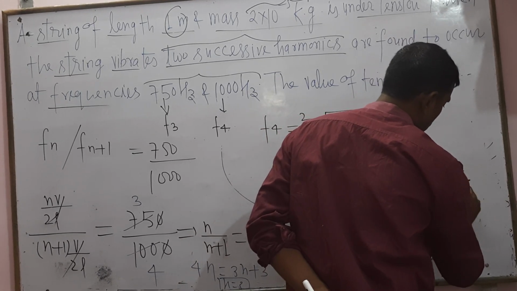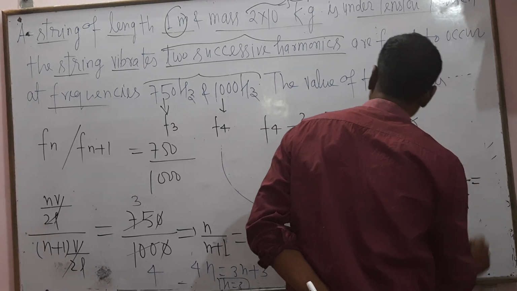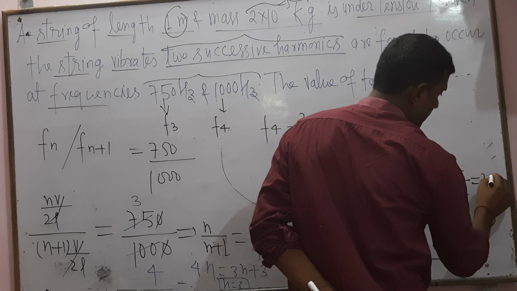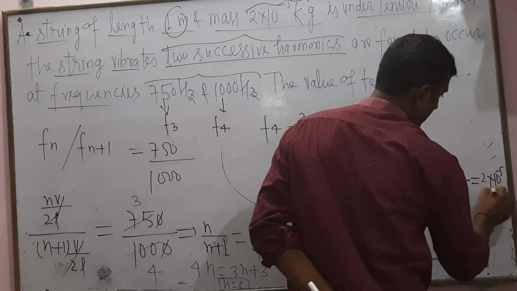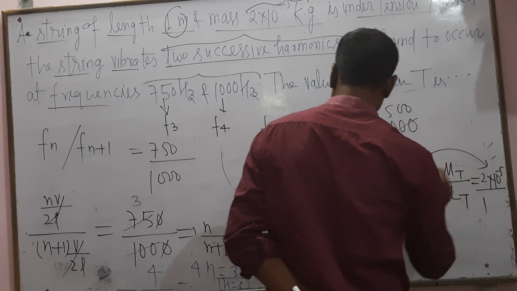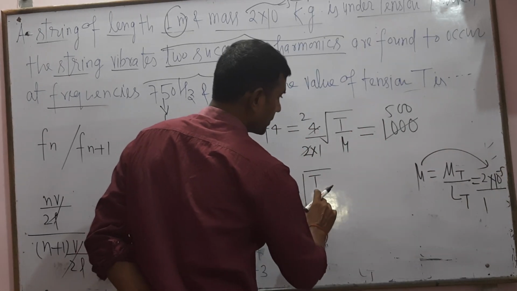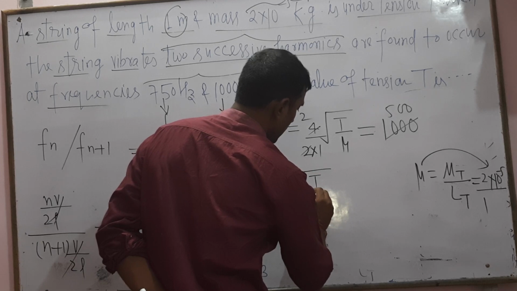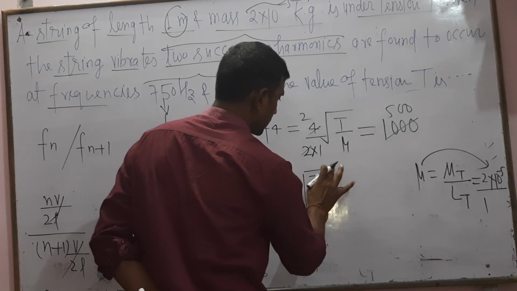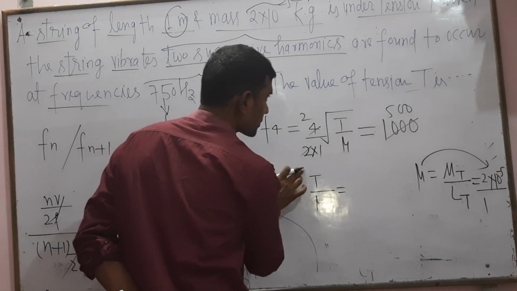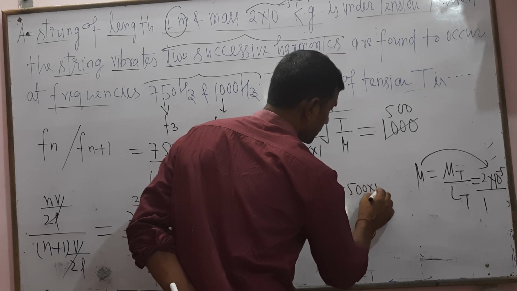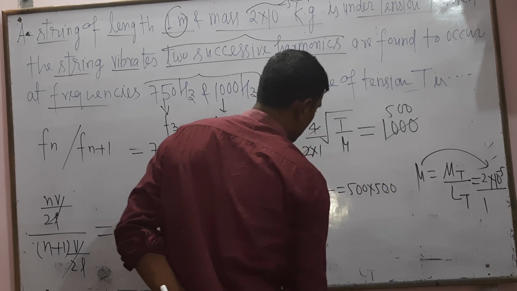Total mass upon total length. Total mass in the MKS system is 2 into 10 raised to minus 5, and total length is 1. So this number is mu. In place of mu we put its value. If we square both sides, that number equals 500 into 500.